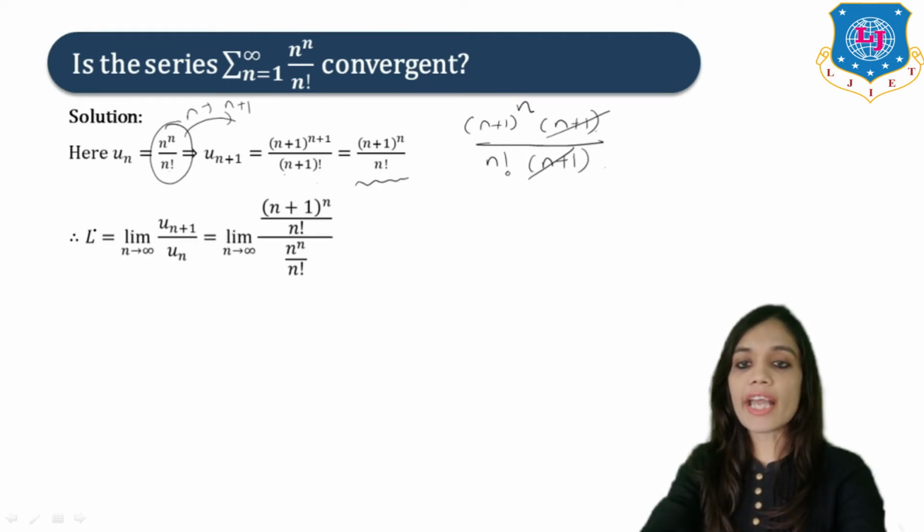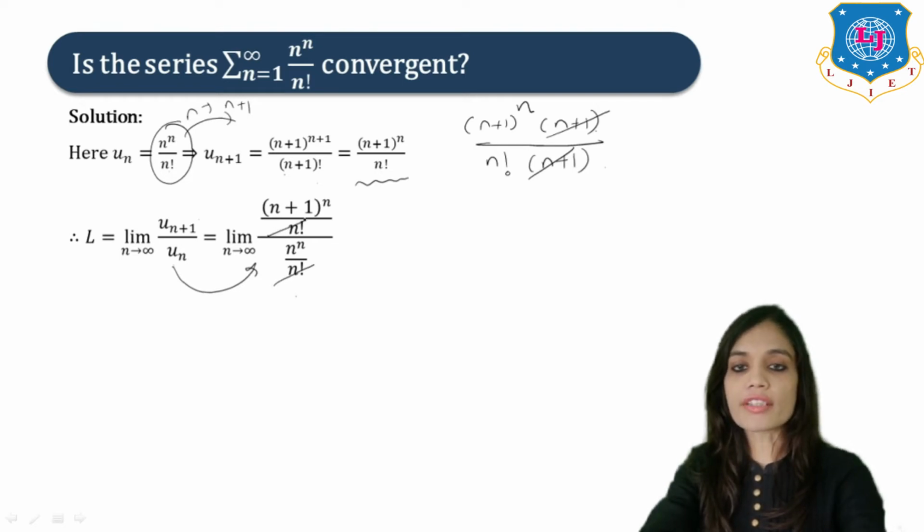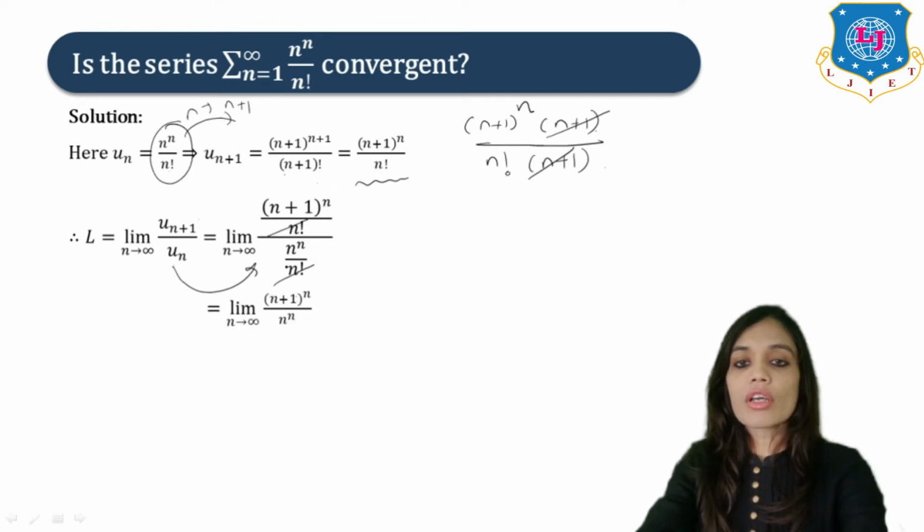Now let us find L, that is equal to limit n tends to infinity un plus 1 upon un. Put the value of un plus 1, that is n plus 1 whole raised to n upon n factorial, and put the value of un, that is n raised to n upon n factorial. Now these two get cancelled out. Now you can take out n common.